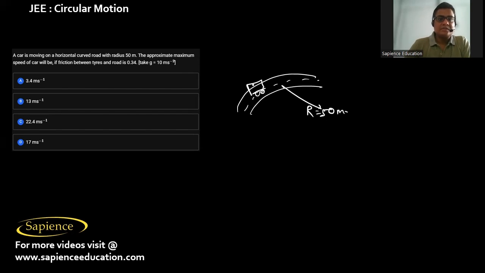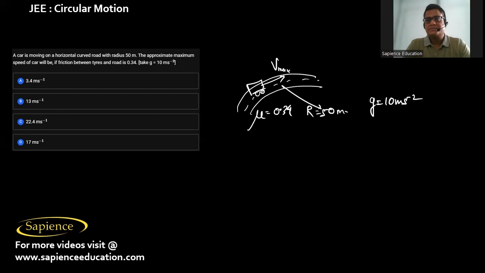The approximate maximum speed of the car will be, if friction in between tires and road is 0.34. So it means the coefficient of friction in between tires and the road is 0.34, and we have to take the value of g as 10 meter per second square. So now we have to find approximate maximum speed of the car.